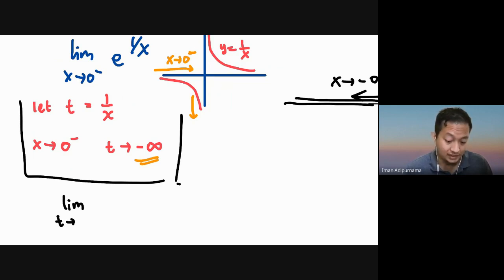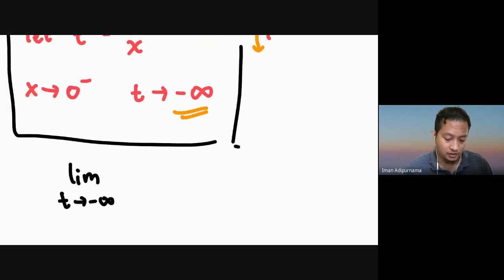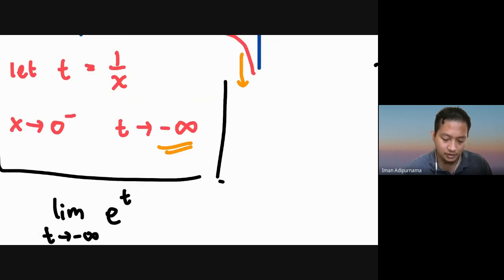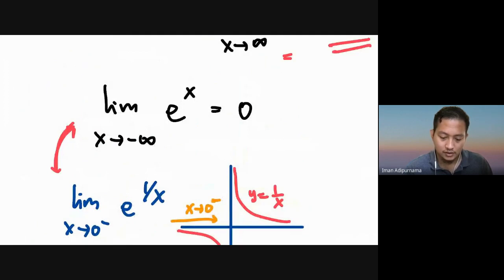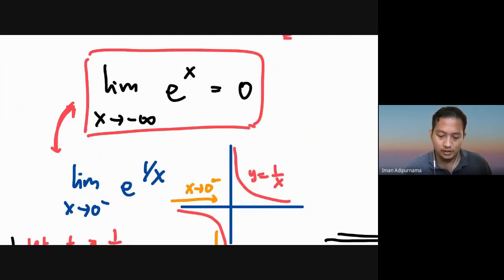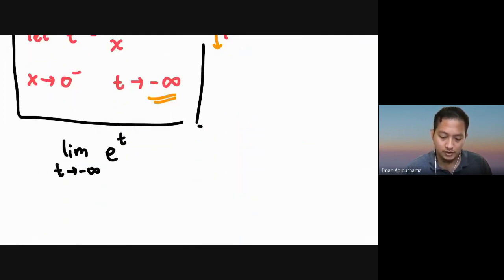So the limit as t goes to negative infinity of e to the t, and this is precisely the same as this. We can simplify that this is also equal to 0.